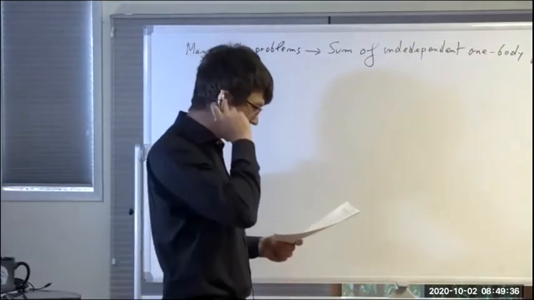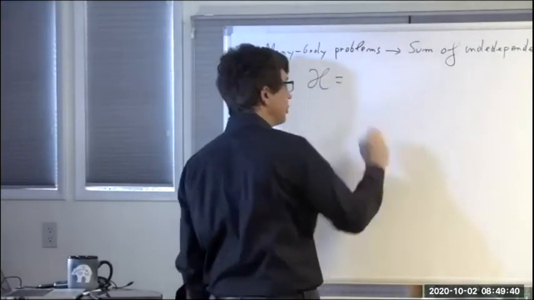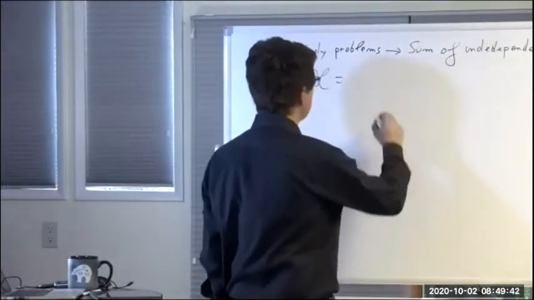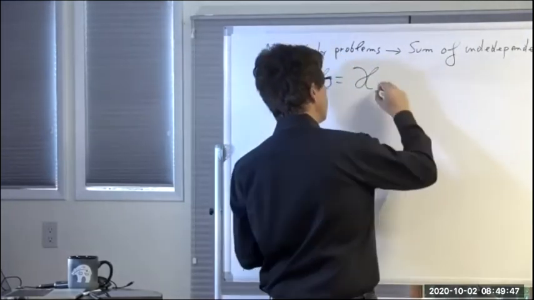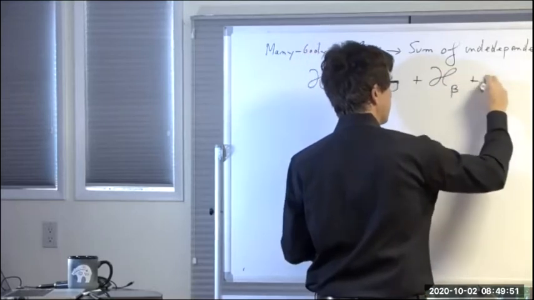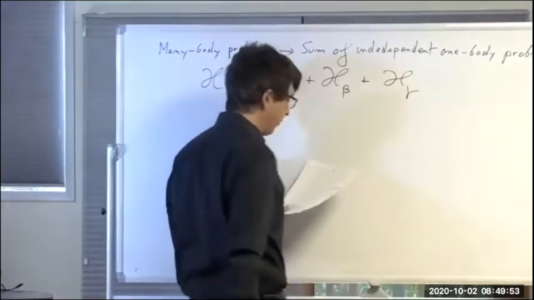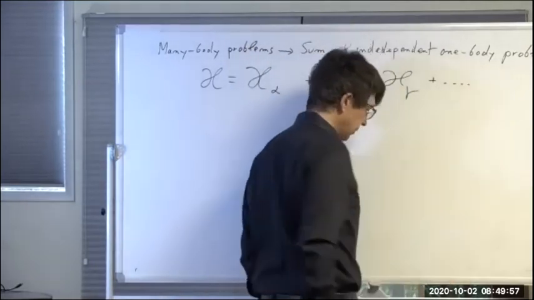That's really the problem I'm solving here. So formally in quantum mechanics, that means that the Hamiltonian is the sum of Hamiltonians of a bunch of degrees of freedom that don't mix. So I have H alpha plus H beta plus H gamma, where alpha, beta, and gamma refer to degrees of freedom, or they could be the subsystems.